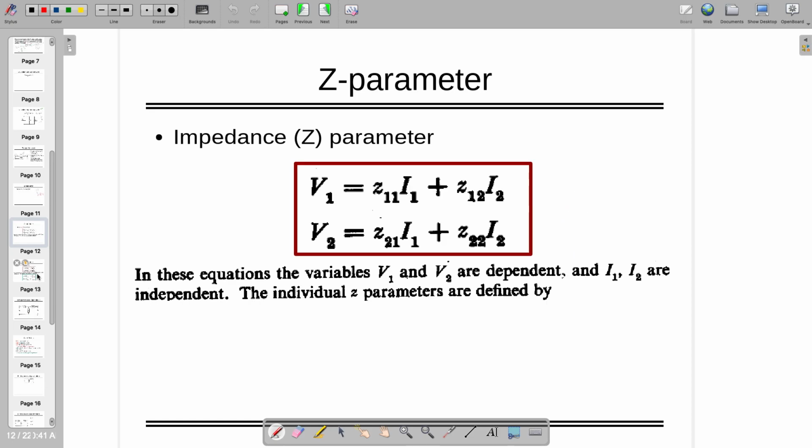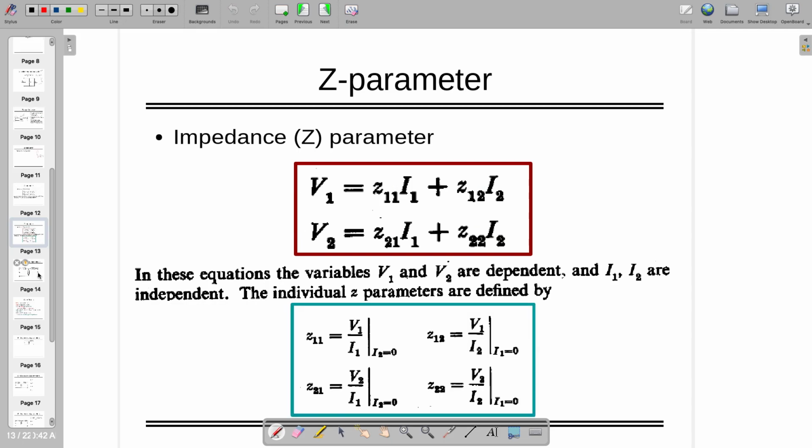Okay, so for Z parameter, I am going to write down two equations. One is V1, one is V2. V1 is equal to Z11 times I1 plus Z12 times I2. And V2 is equal to Z21 times I1 plus Z22 times I2. Right? Is it difficult to understand? Okay.